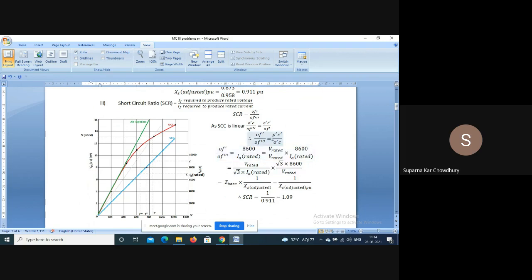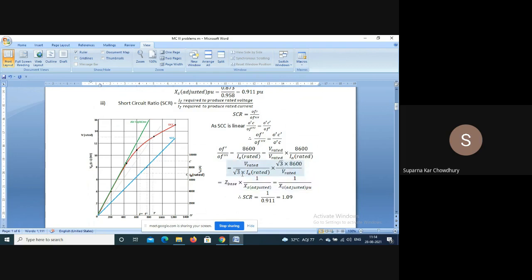Now, O dash C dashed, this one, is 8600, divided by the rated current. If we multiply it by V rated, it can be written as V rated by root 3 into I rated, and this is V rated by root 3 into 8600.